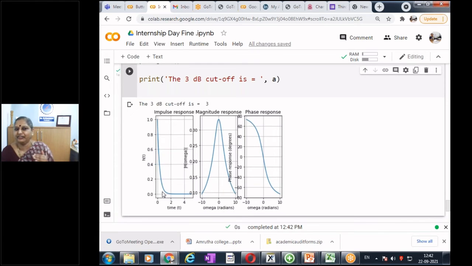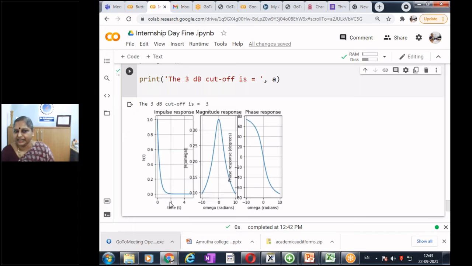So if I compute the area under the impulse response and the area under the magnitude response, can you tell me, if I decrease the area under the impulse response, what happens to the area under the magnitude response?